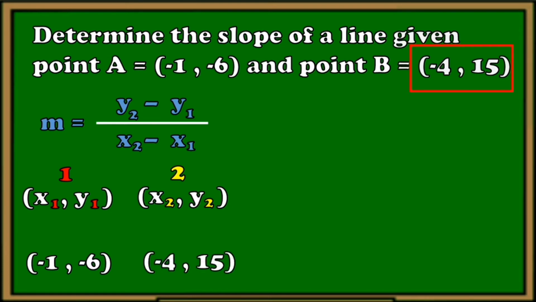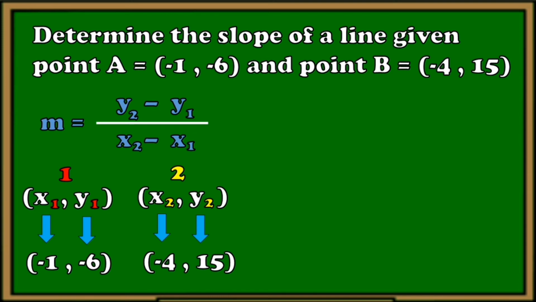And point B under 2. The coordinates -4 and 15. Following the pattern, we will have -1 as x sub 1. For y sub 1, that is -6. X sub 2 is -4. Y sub 2 is +15.